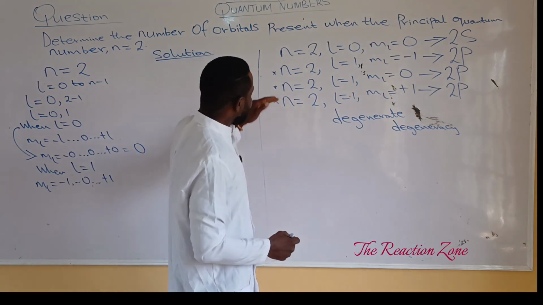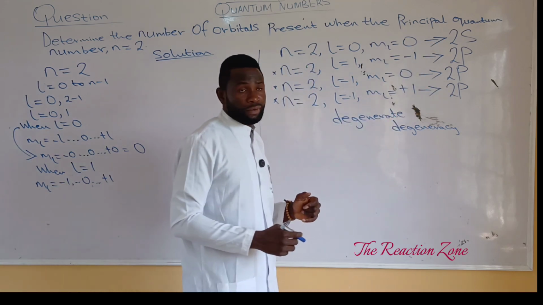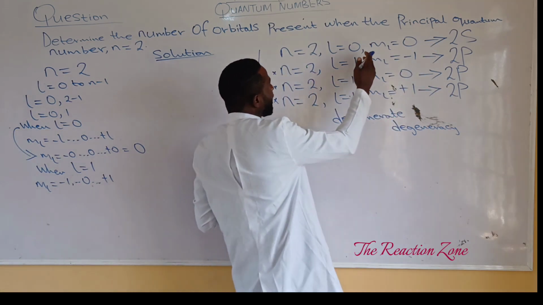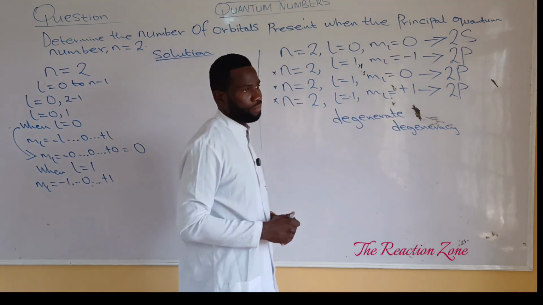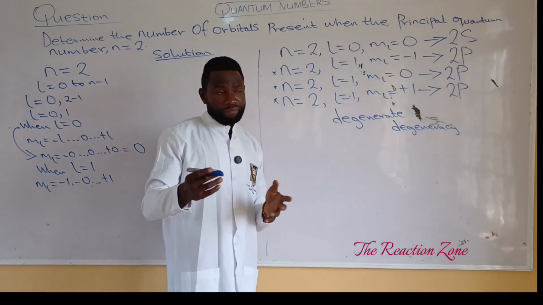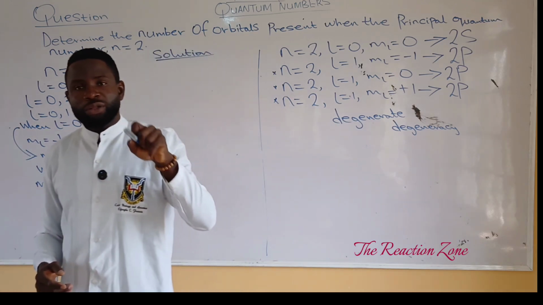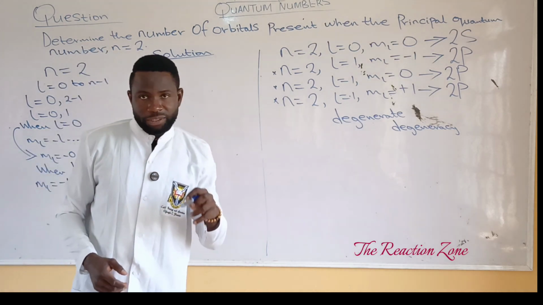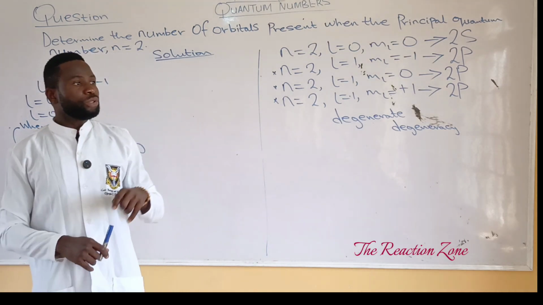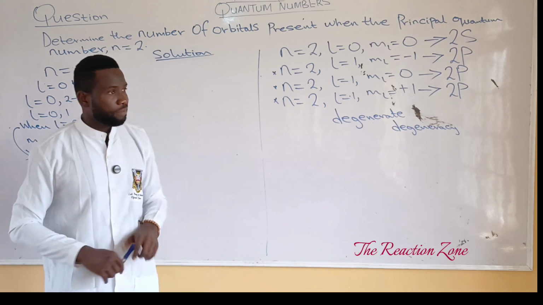However, when we look at the set of quantum numbers for these p orbitals, we will discover that the values of their magnetic quantum numbers are different. Let us remember that the magnetic quantum number does not only tell us the number of orbitals in a subshell, it also describes their orientation in space.